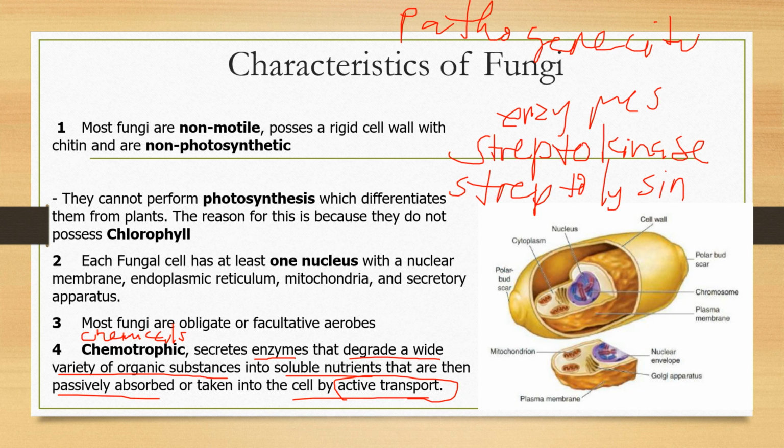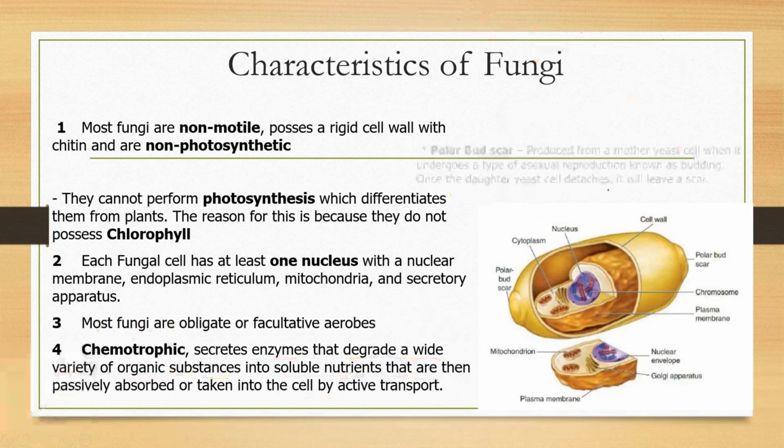So, yan yung way ng mga bacteria niyo on how they can infect the cell. But for fungi, most of the time they use their chemicals or their enzymes as a source of nutrition.